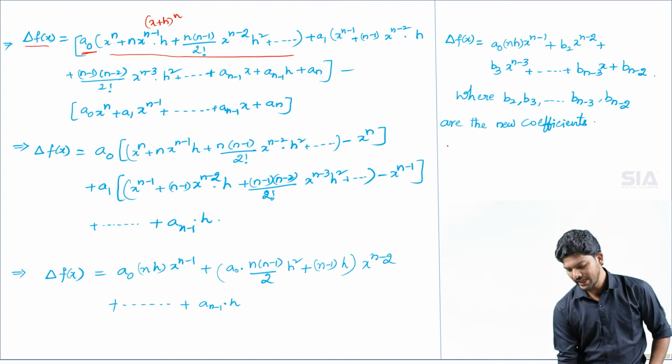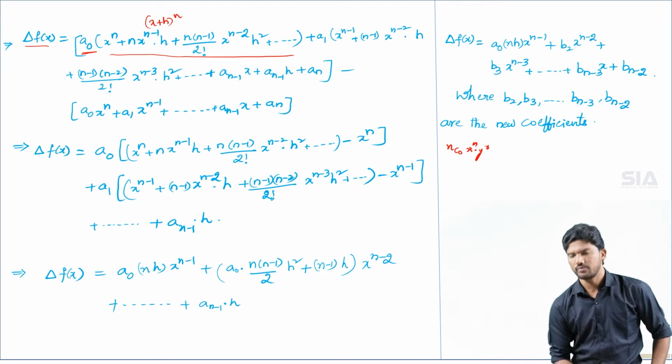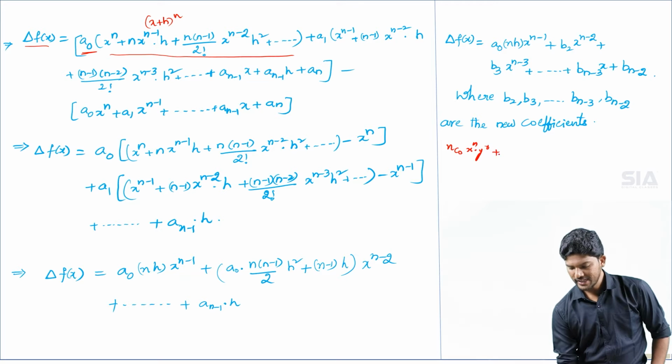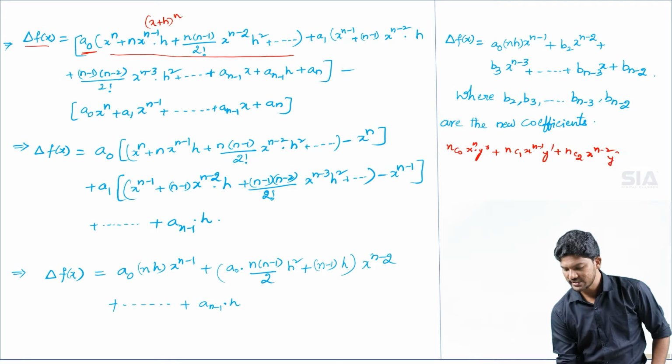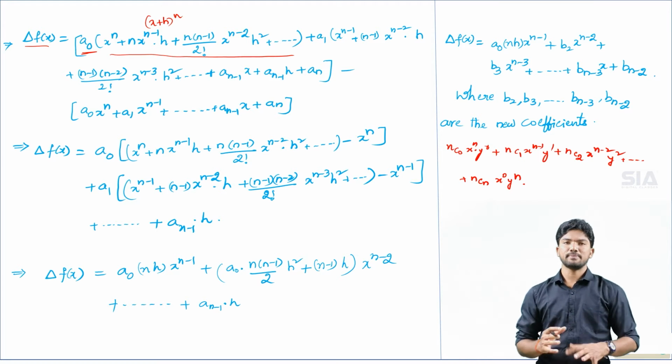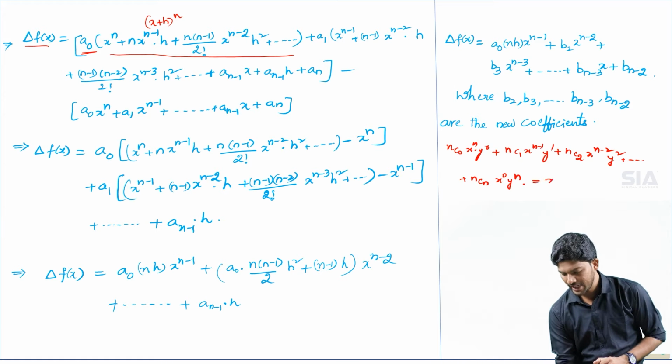Basically you can write nc naught x power n y power 0, plus the next term nc1 x power n minus 1 y power 1, plus nc2 x power n minus 2 y square, plus and so on up to ncn x power 0 y power n. This is the binomial expansion of x plus y whole power n.